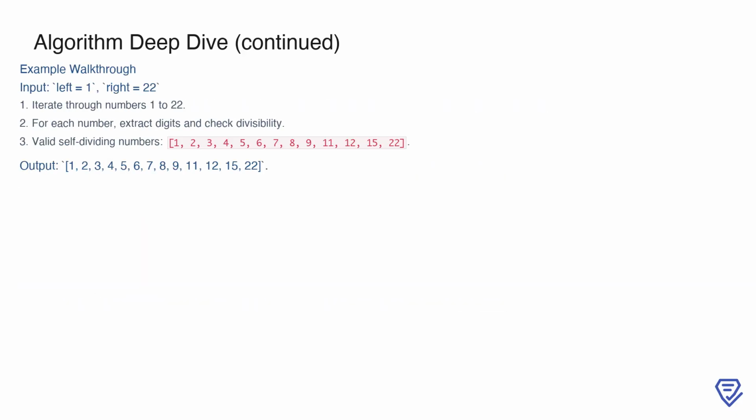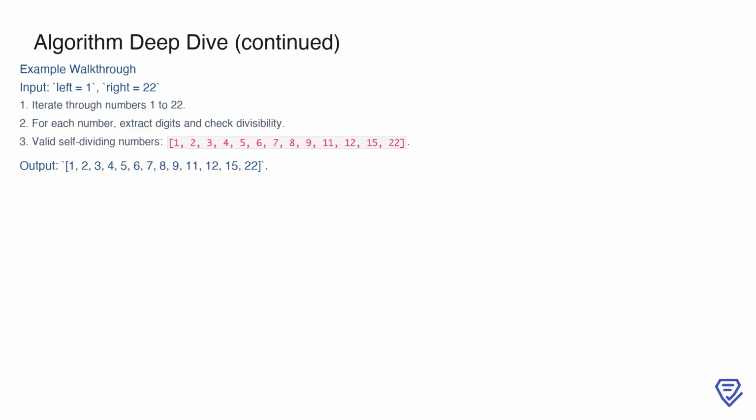Now, let's see the algorithm in action with an example. Suppose the input range is left equals 1 and right equals 22. We start by iterating through every number from 1 to 22. For each number, we extract its digits one by one and check if the number is evenly divisible by each digit. If it is, we consider it a valid self-dividing number.